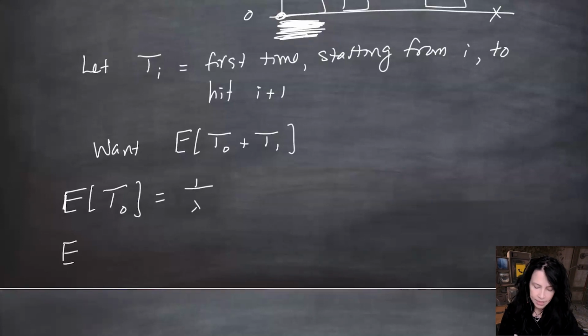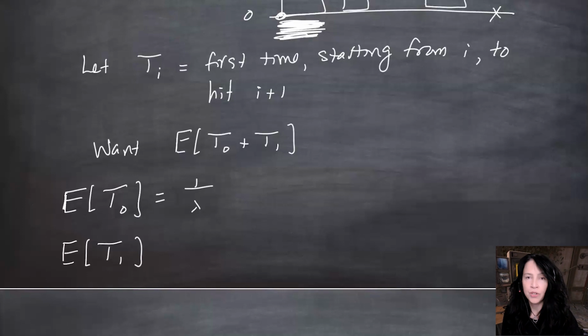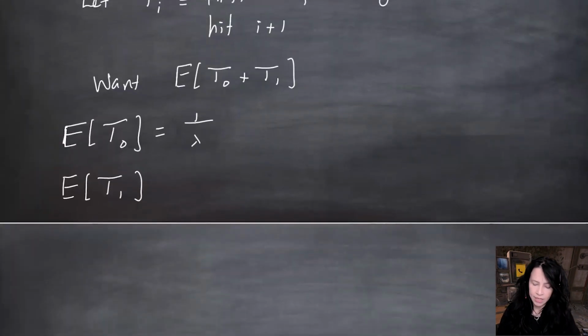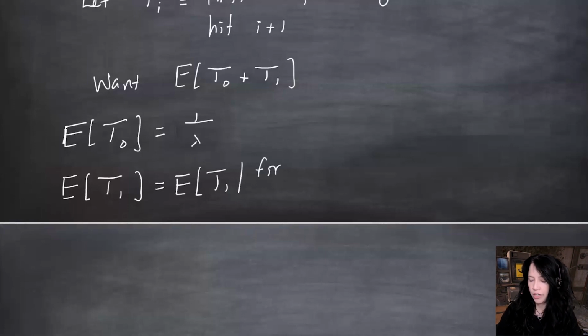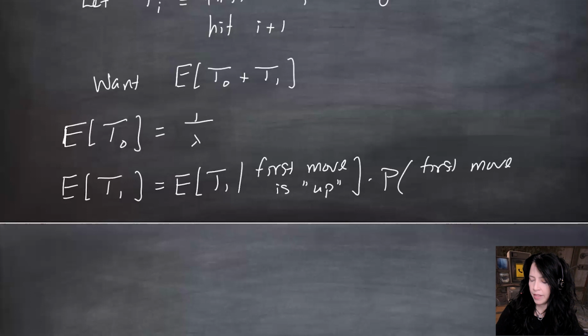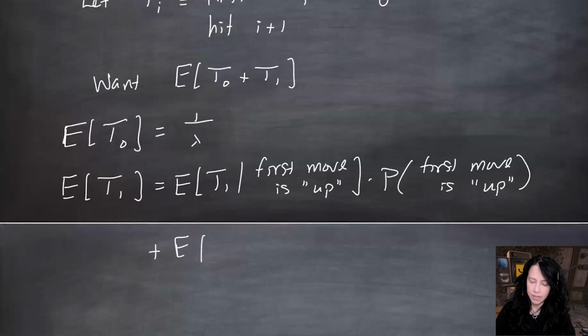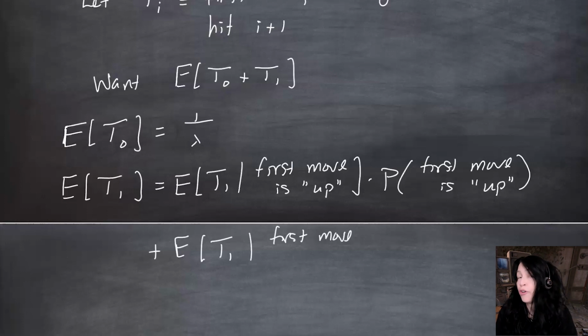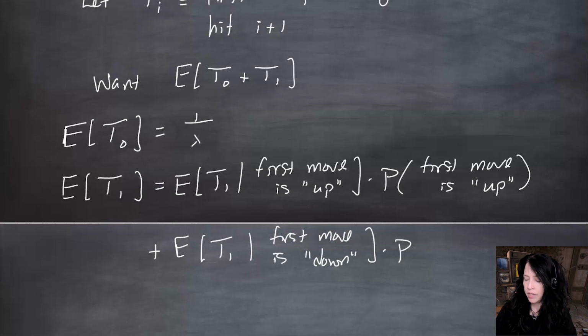But for the expected time starting from 1 to hit state 2, a first step analysis says this is the expected time to hit state 2 given the first move is up, times the probability the first move is up, plus the expected time given the first move is down, in which case we're starting over at time 0, times the probability the first move is down.